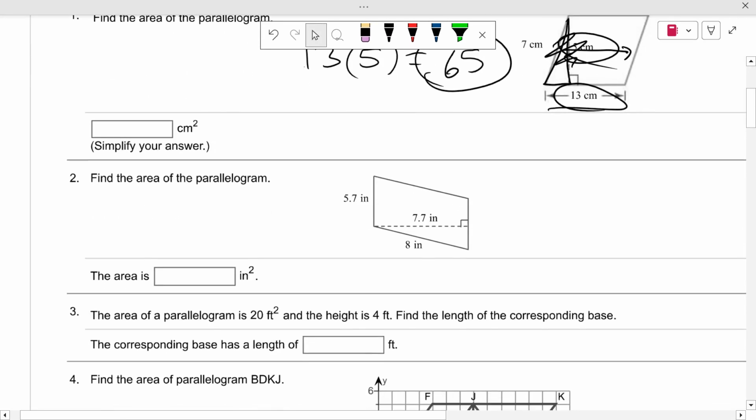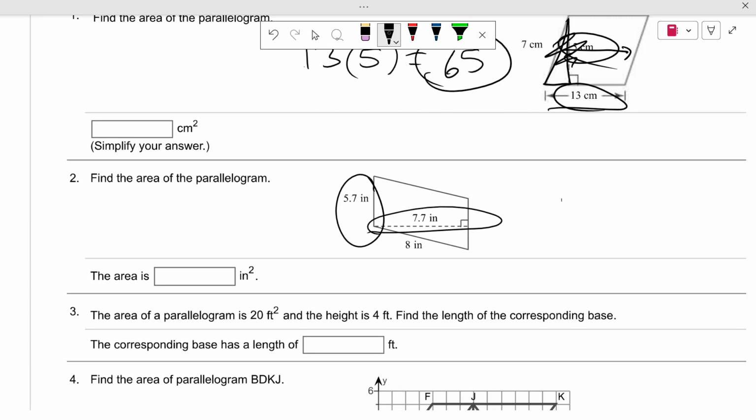Okay? So on this one, what would the height be? 7.7, because that's perpendicular to the base, and the base is 5.7. So the area is 5.7 times 7.7, because they're perpendicular to each other. They form a right angle with each other.